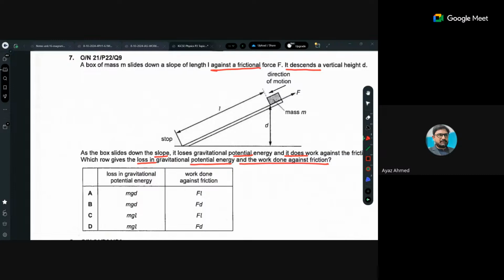The loss in gravitational potential energy is due to this height, so it is mg into d, because d works as the height. And work done against friction is along the slope, so it is F times L. That is just the trick in this question. Is it clear to you?